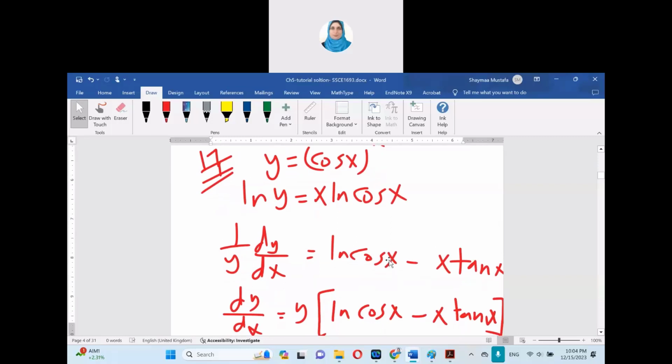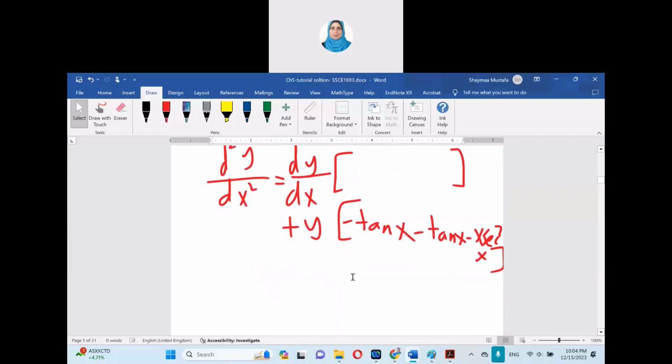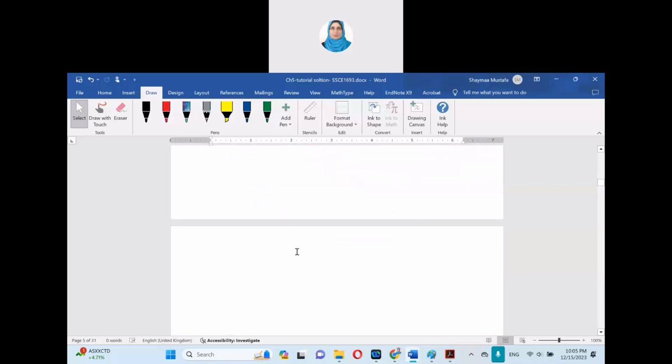The first derivative, because cos 0 is 1, ln 1 is 0, tan 0 is also 0, so this one should be 0. So you need to find the third derivative. The third derivative should be exact, I think. Okay, this is question 17.